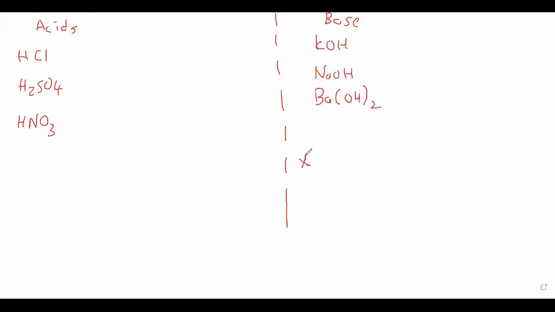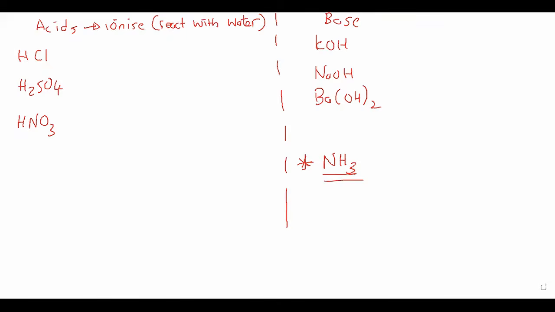And then I'm also going to give you the exception, which is ammonia. Now, what we know is that acids ionize. So what does that actually mean? It means that they react with the water.